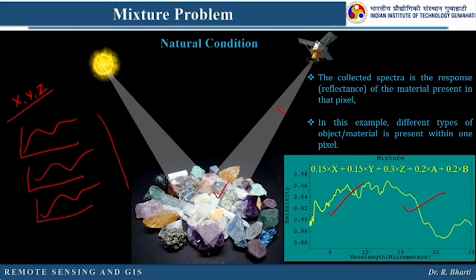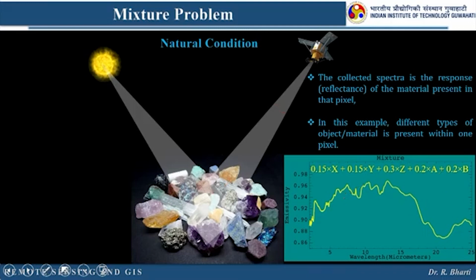By combining the spectral signatures of X, Y, Z in different proportions, so that it may match with the acquired spectral signature, right. So, I hope you have understood this concept.